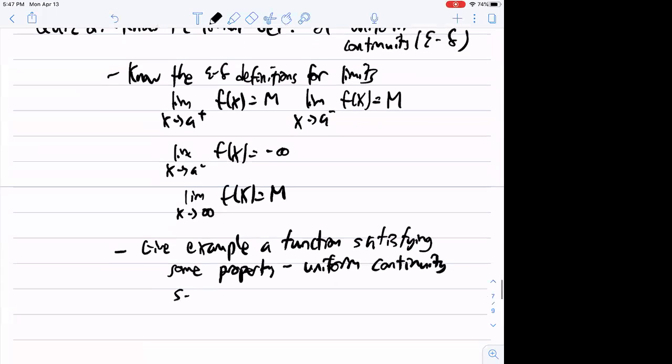So make sure you study up on uniform continuity and epsilon delta definitions for your quiz. But next time we'll go over basically uniform convergence. I'm guessing that's what the professor is going to do, because that's a big topic in real analysis.